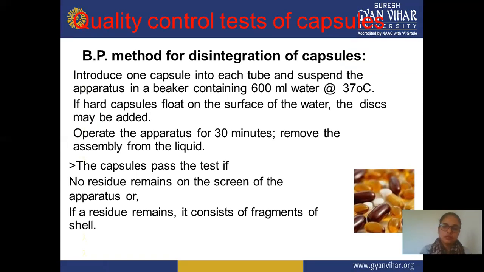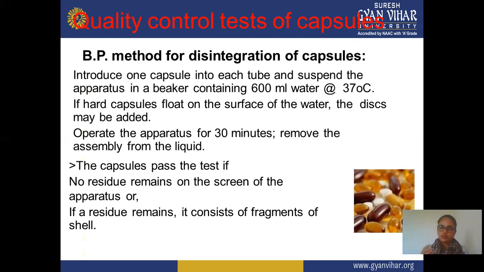If you see the structure or diagram of the apparatus, or you know the machine of this disintegration apparatus, then you easily understand this disintegration test. There's a test tube like equipment or container, and the capacity of that beaker or container is 600 ml.